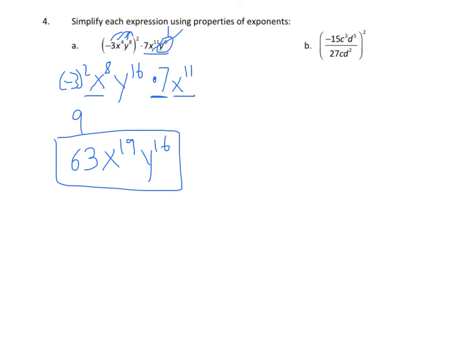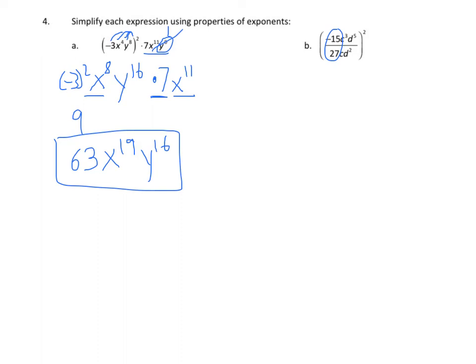In this next example, you've got a few options. You could square everything first, so apply your exponent first, or you can simplify inside and then square everything. I think I'm going to simplify inside first, but it doesn't matter which order you do things. -15 over 27 can be simplified.